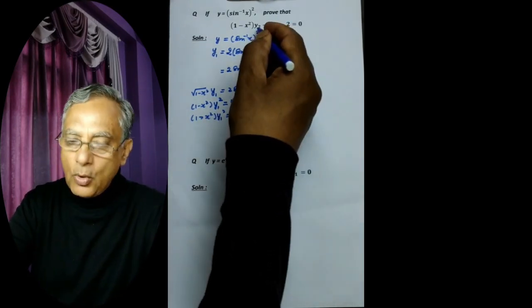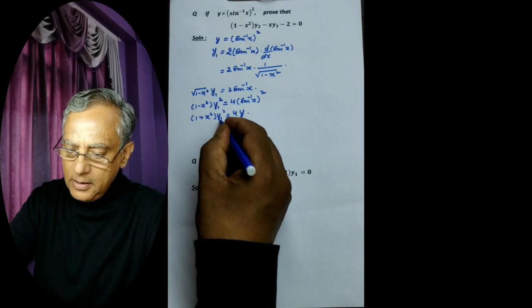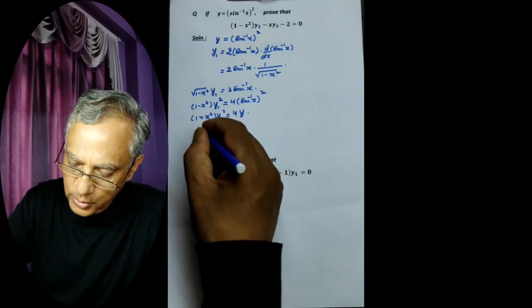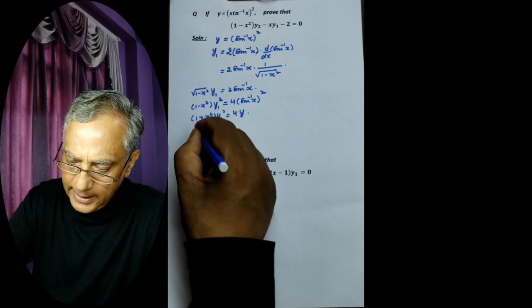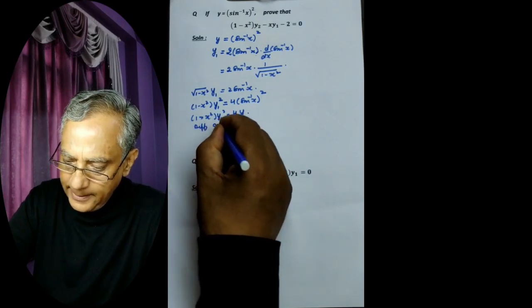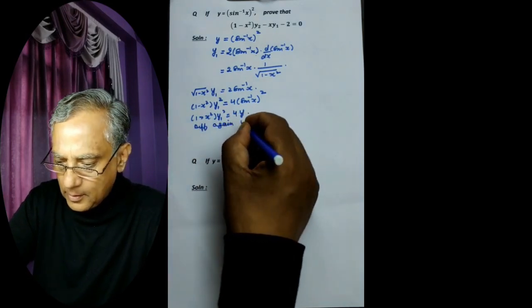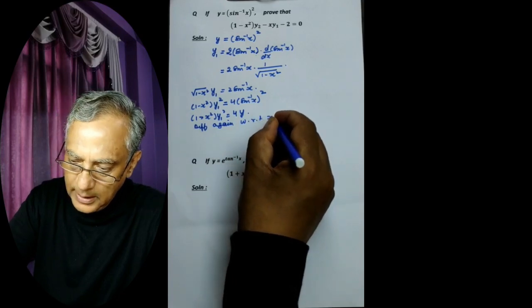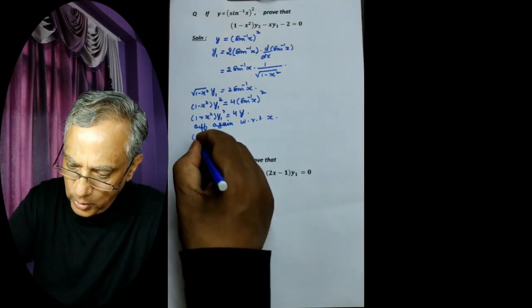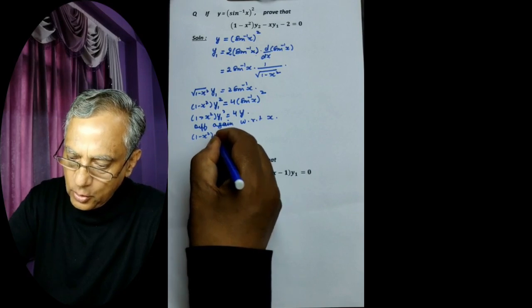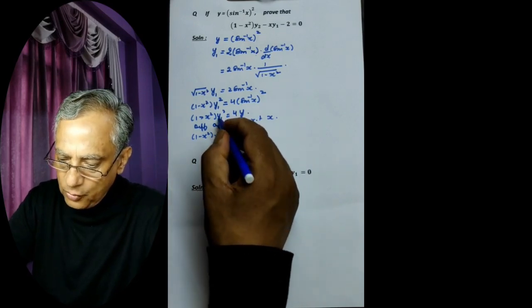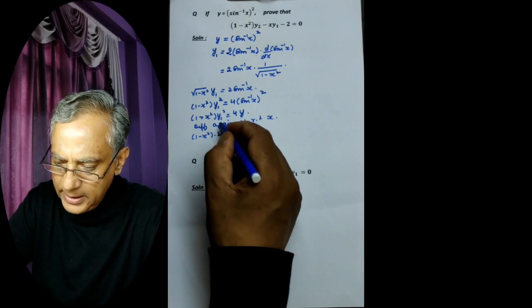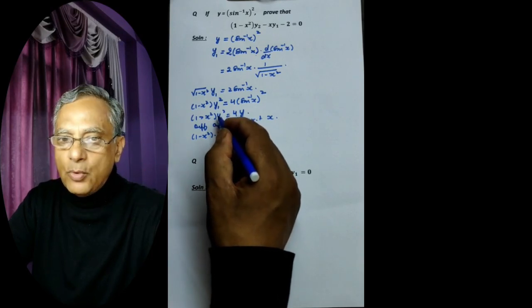Now differentiate it once again to obtain y2. So what we do is differentiating this again with respect to x. What we get is first function into differential of second, that is 2y1 into differential of inner function, that is y1.